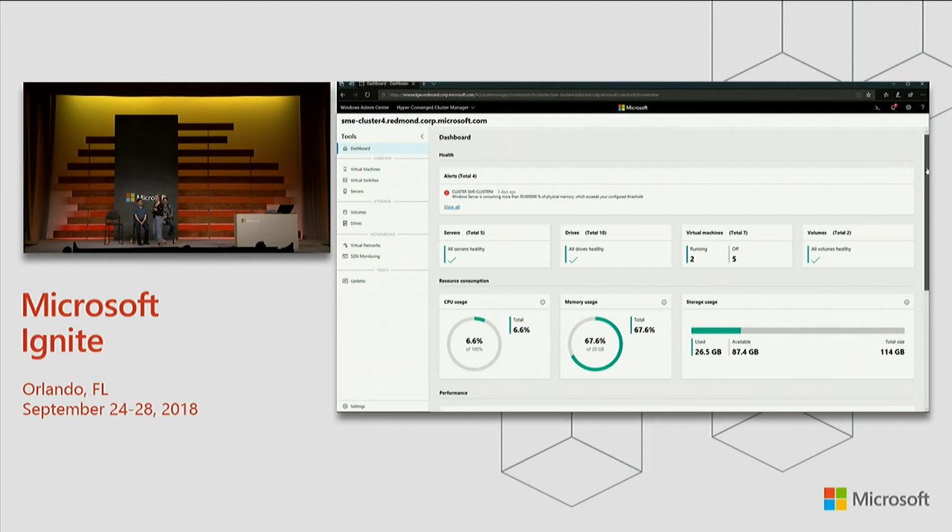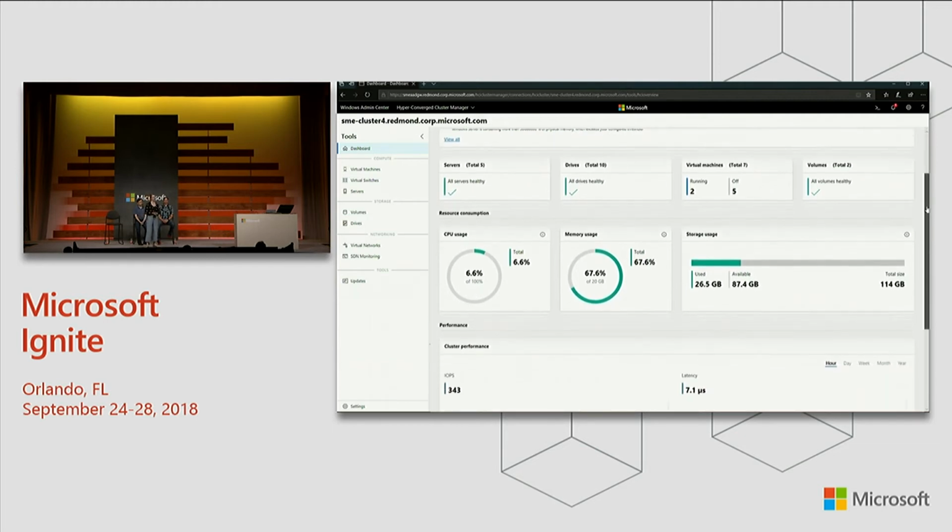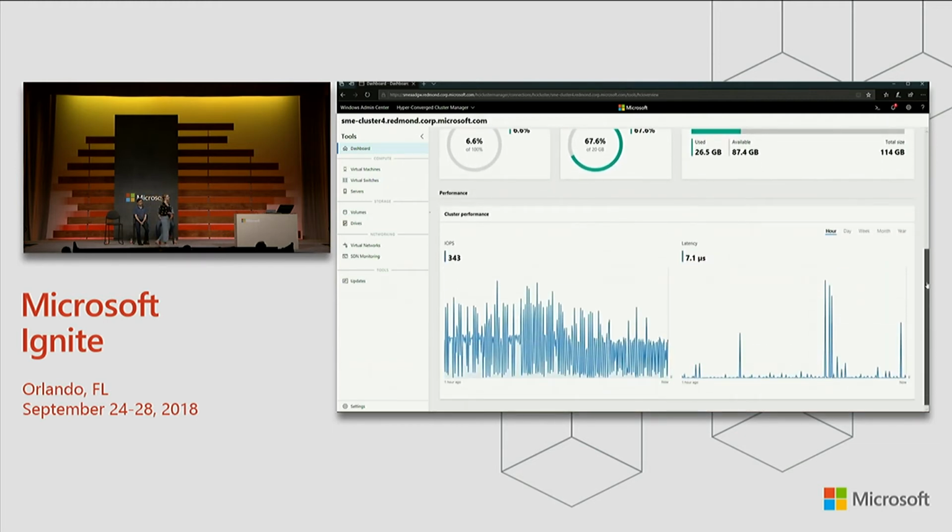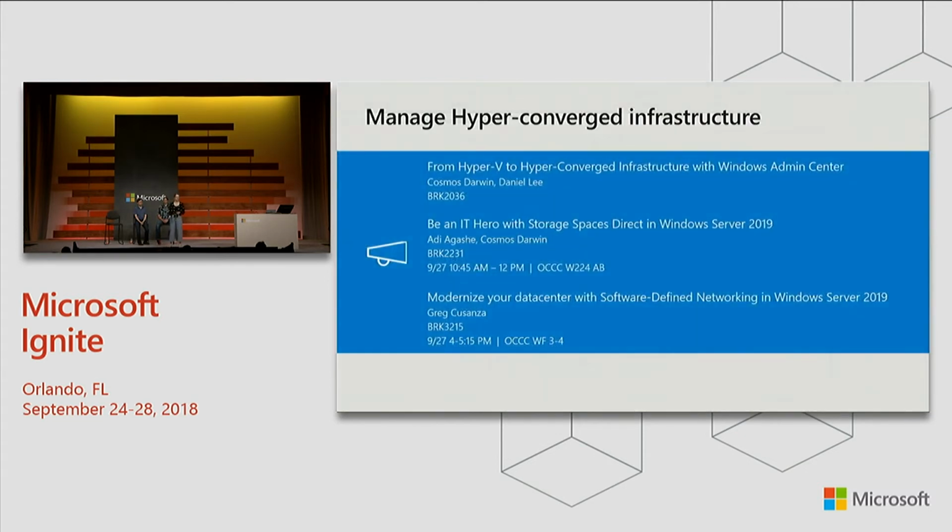So we're not going to go into hyperconverged in our session, but there is a lot of good data in sessions about this at Ignite. So if you missed Cosmos and Daniel's session earlier today, definitely catch that for the compute section. And then storage and software-defined networking will be later tomorrow.